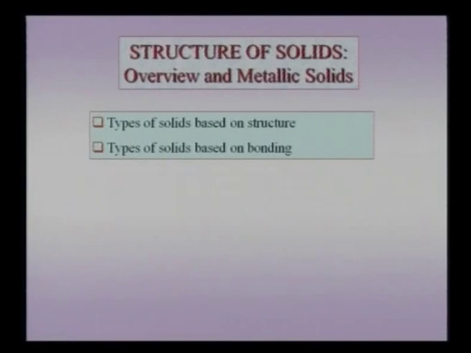Next chapter we are dealing with the structure of solids. Here we will start with a broad overview and then go on to metallic solids before we take up ionic and covalent solids. We shall specially focus on some of the rules of formation, especially for instance of ionic solids. We will worry about the kind of bonding in these kinds of solids, and some of the concepts would just be a revision of something we have dealt with before.